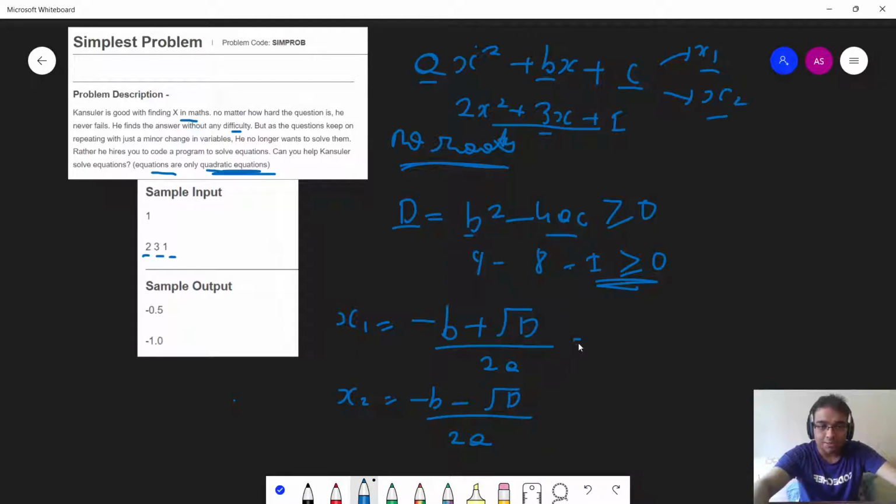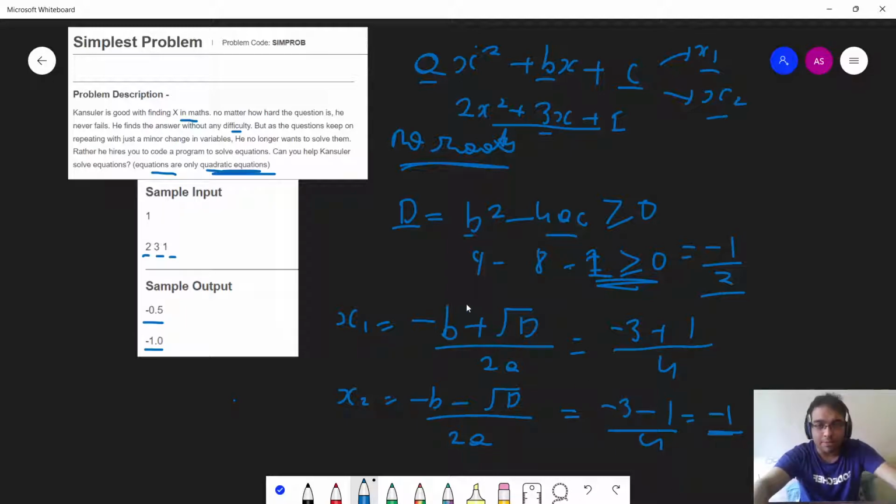So minus b is minus 3, plus root of d, where the discriminant is 1, so root of 1 is 1, divided by 2a. 2 into a is 4, and the other case becomes minus 3 minus 1 by 4. As you can see, here it is minus 1 by 2 and here it is minus 1. So the answer for this case is minus 0.5, which is minus 1 by 2, and the other root is minus 1.